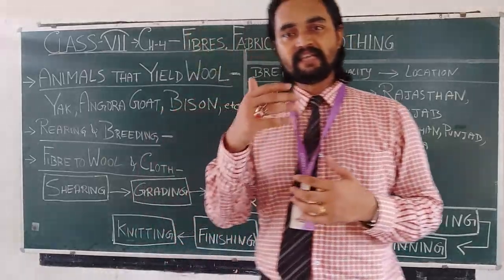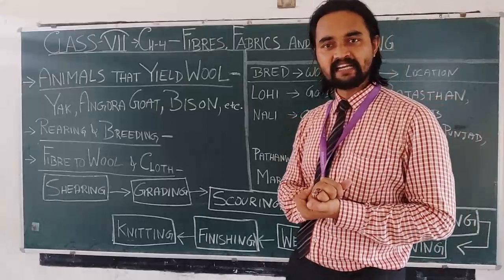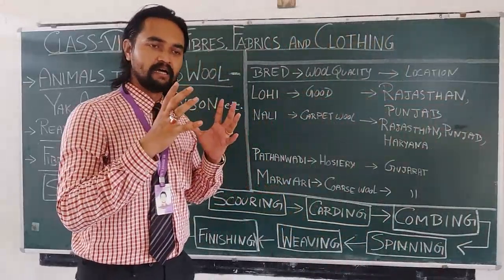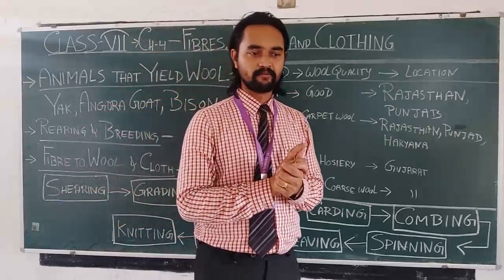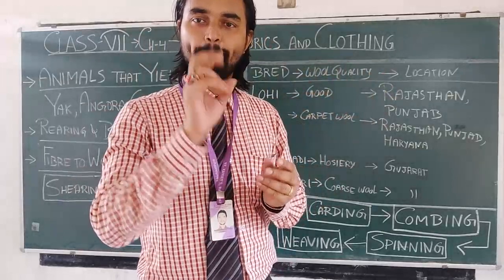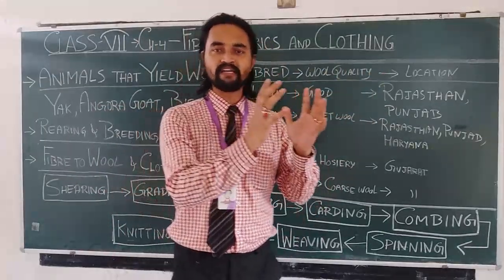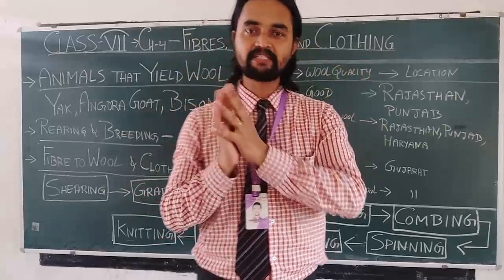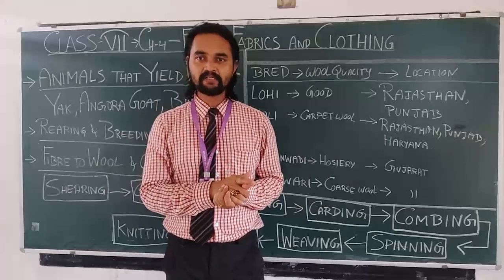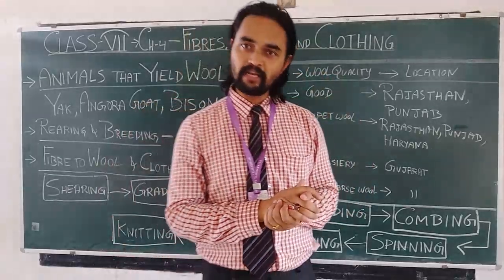Now, there is a process known as selective breeding. What do you mean by selective breeding? Selective breeding is a process in which, from the group of animals, we choose the two best quality animals of different gender. That means one best male and one best female, and by crossing these animals, some better quality offspring will be produced.